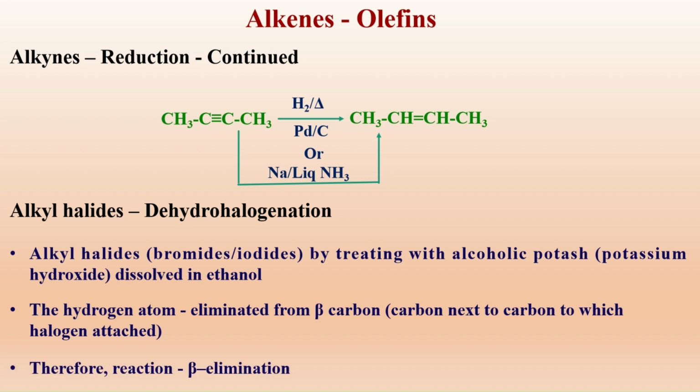The hydrogen from the beta carbon and the halogen from the carbon to which it is attached are eliminated as hydrogen halide. That's why this reaction is named beta elimination. Let us look into the reaction of beta elimination.